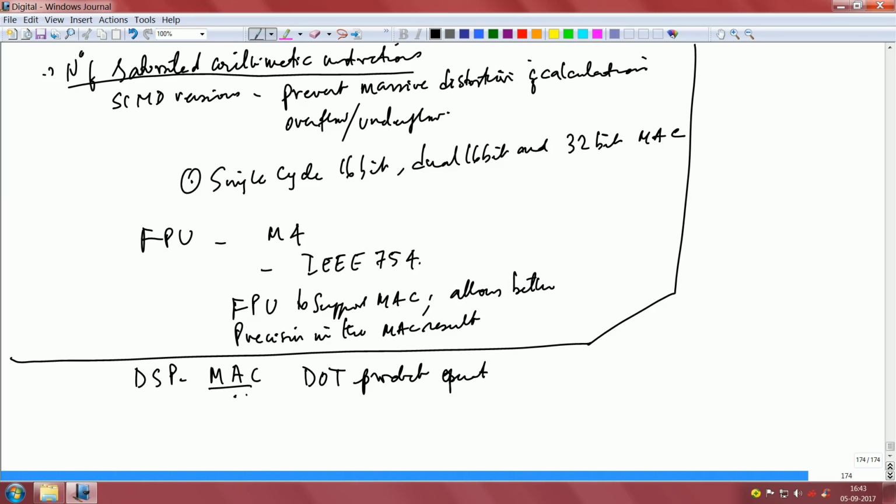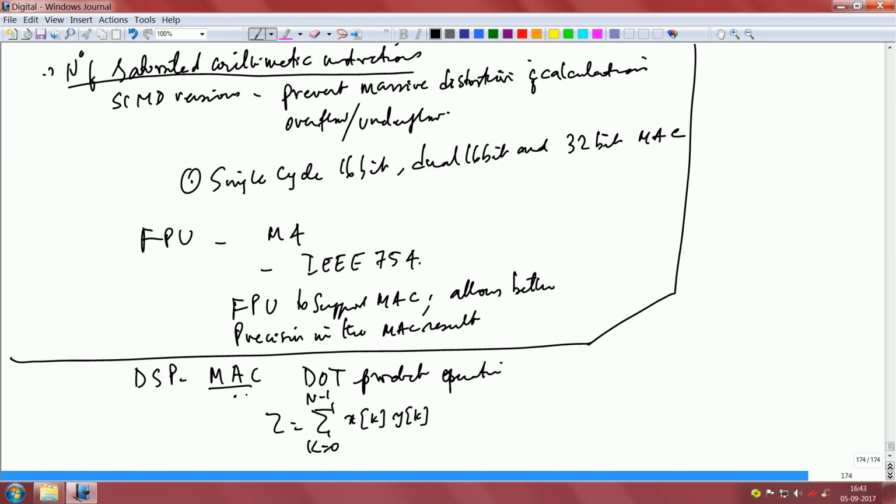Essentially this is what you want to do, k equal to 0 to n minus 1 of this vector and this vector.